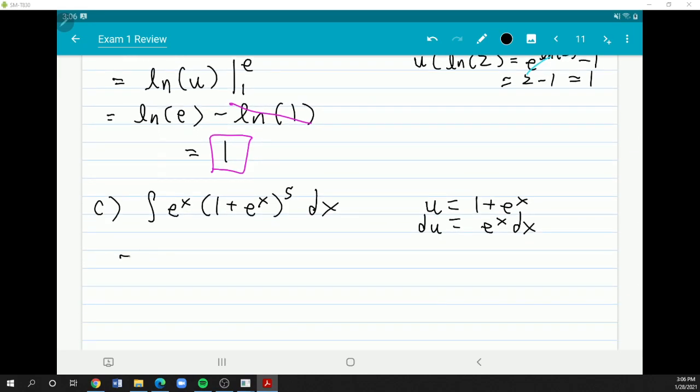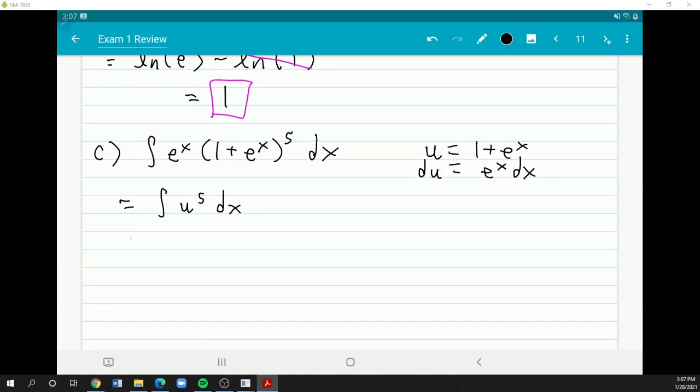So this integral becomes the integral of, 1 plus e to the x is u, so u to the 5th du, like that. Okay, doesn't seem unreasonable. By power rule, this is 1/6 u to the 6th.